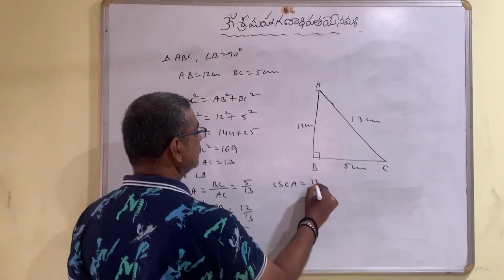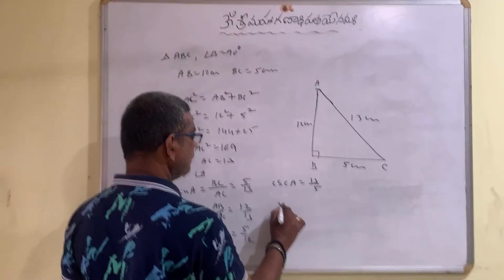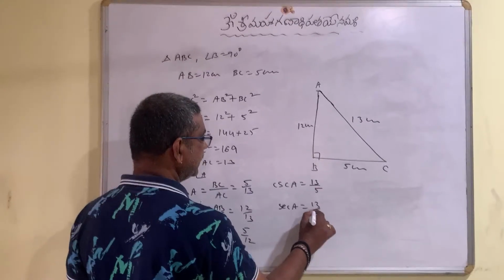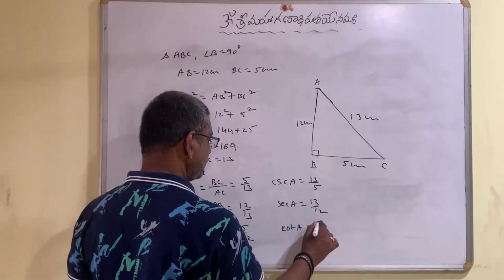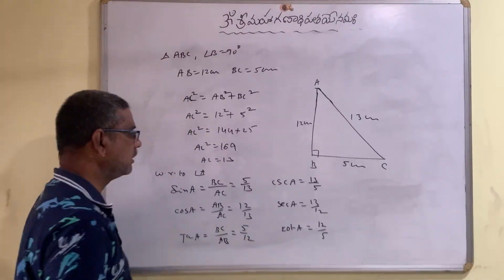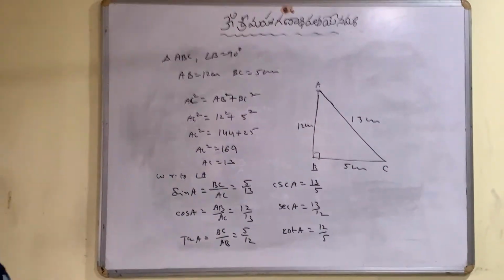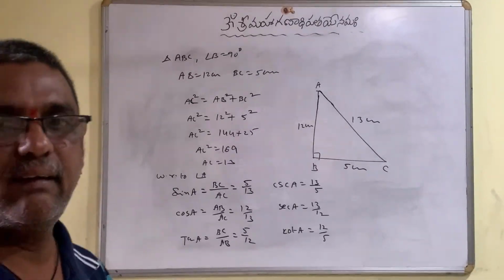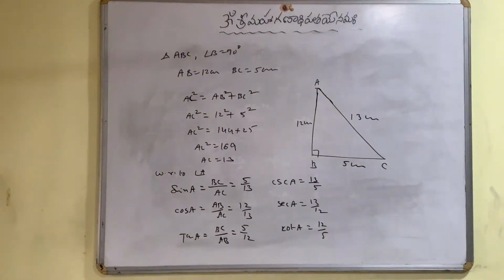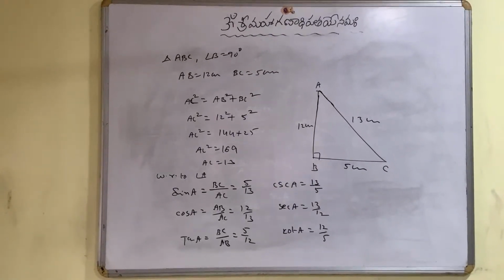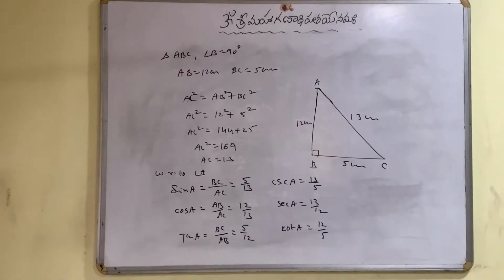Cosecant A 13 by 5, secant A 13 by 12, cot A 12 by 5 directly. That's all, because cosecant A is a reciprocal of sin A, secant A is a reciprocal of cos A, cot A is a reciprocal of tan A. Okay na?